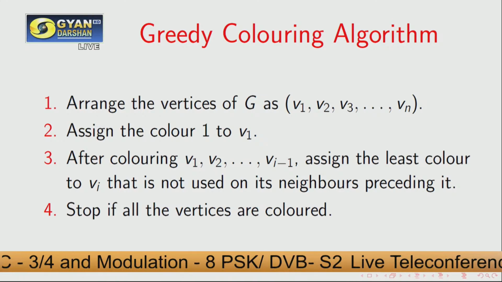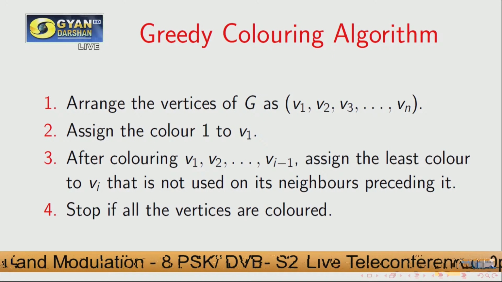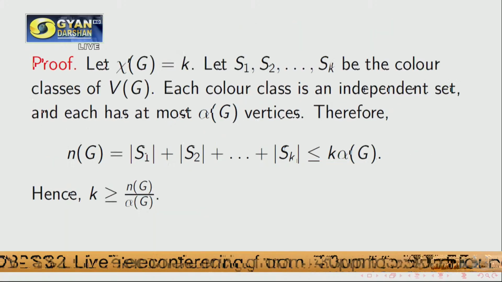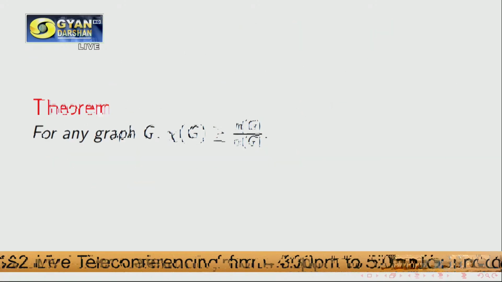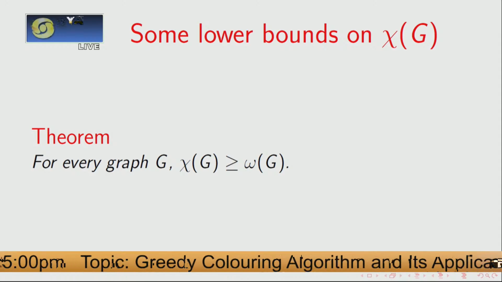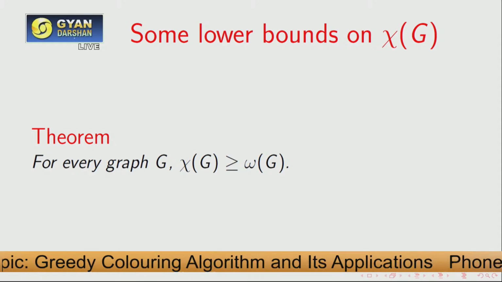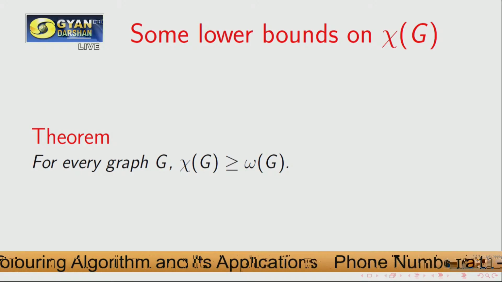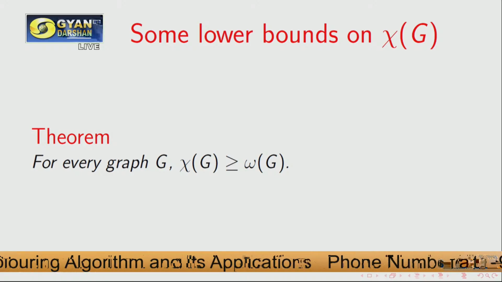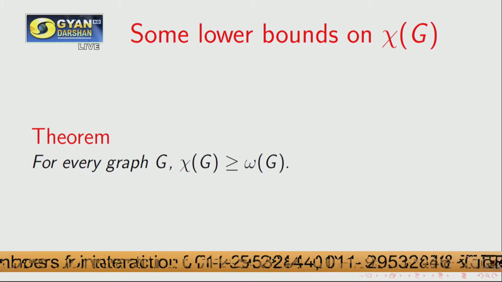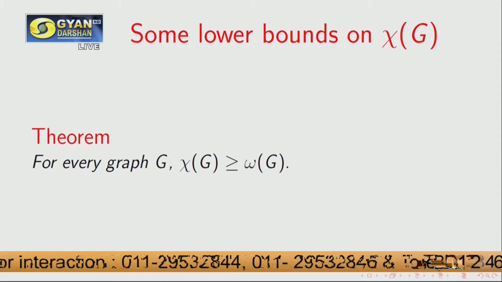So first let's look at some small bounds on the chromatic number which we just skipped. So let's look at the first lower bound. For every graph G, the chromatic number of G is at least omega(G). Omega(G) is the clique number. Clique number, you must know, is the maximum size of any clique in G. That means the maximum size of a set of pairwise adjacent vertices.